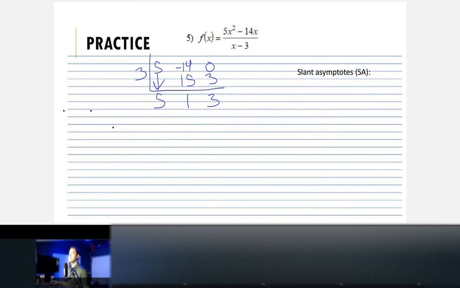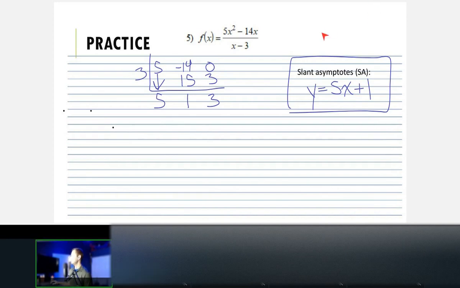So the SA is y equals 5x plus 1. Remember, we don't care about the remainders. It's the non-remainder portion for the slant asymptote. And of course, we can always graph this function in Desmos and then graph this line and see if it looks like it's correct. And it is, right?